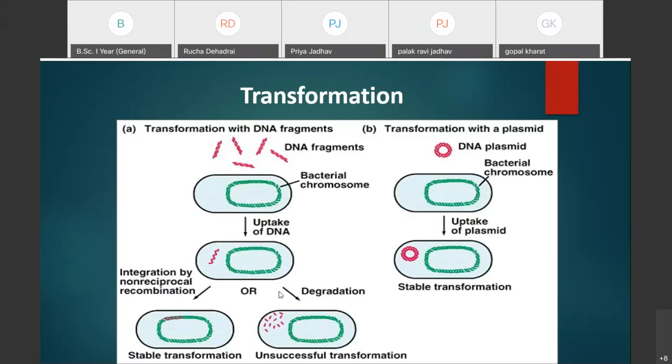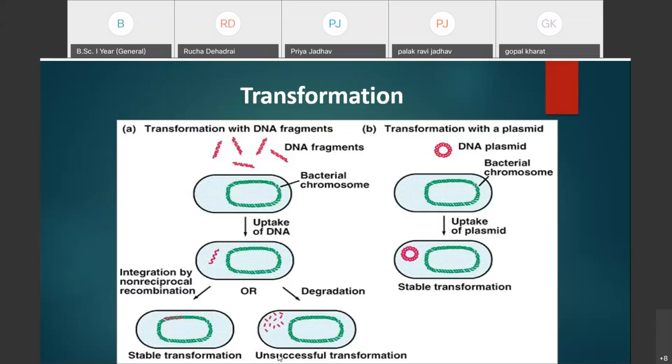But sometimes, if it fails to integrate with the bacterial chromosome, degradation of the single stranded DNA takes place due to the enzymes present in the bacterial cell. It will not get integrated with the bacterial chromosome, and that is called unsuccessful transformation.